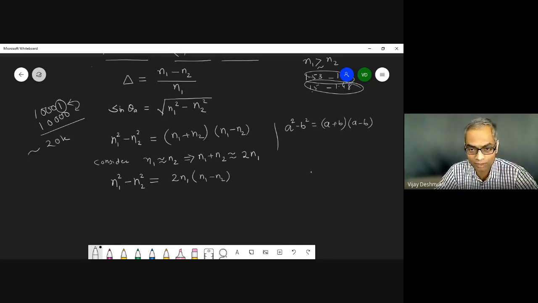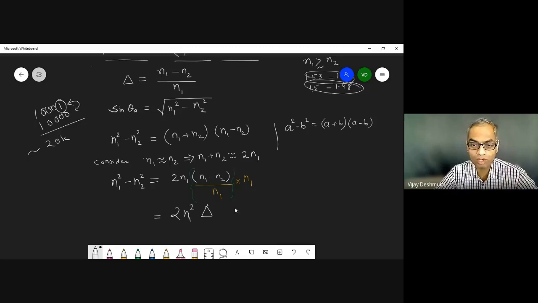We don't have N1 here, so we divide by N1 and multiply by N1. Is that okay? Dividing and multiplying by the same number doesn't make any difference. Now, this one we know is delta, right? So what I can write is 2N1 into N1, so N1 square, and this is delta, right?